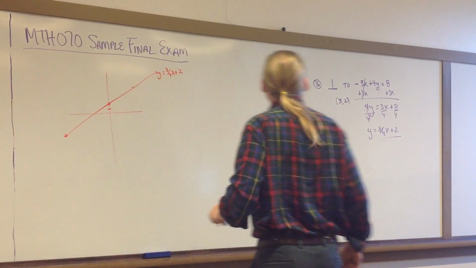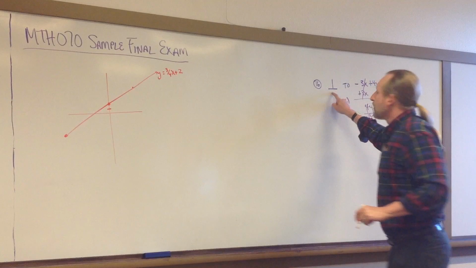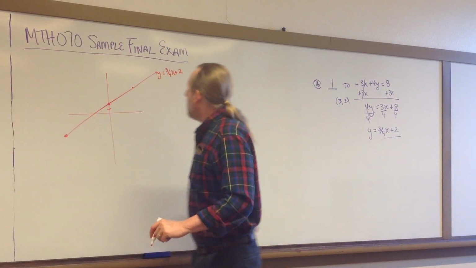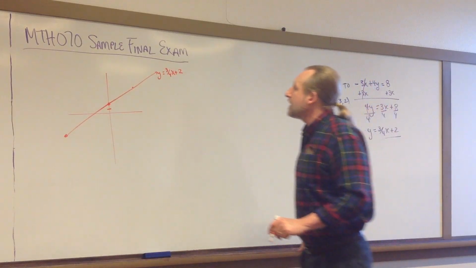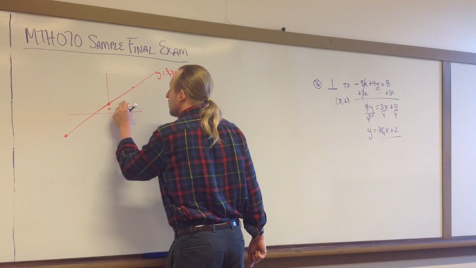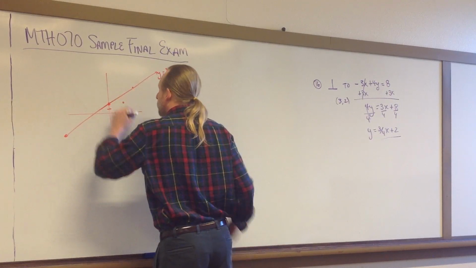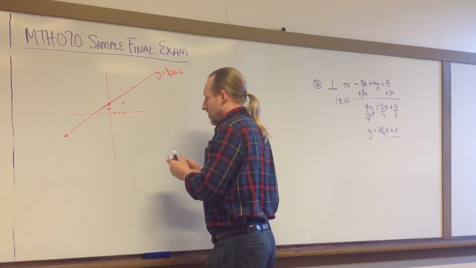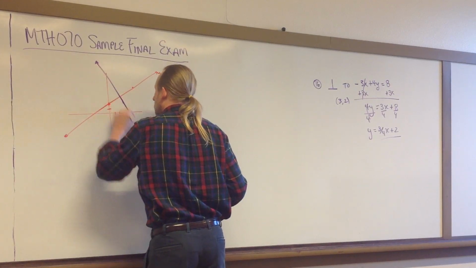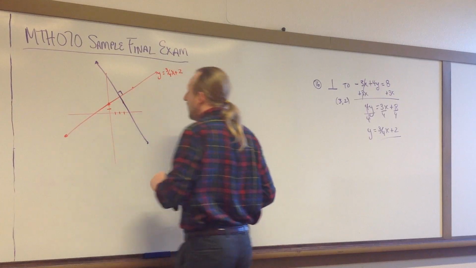Now, we want a line that's going to be perpendicular to that, so it'll look like this, right? And passing through the point 3, 2. So here's 0, 2, and there's 3, 2. So this perpendicular line is going to look like this, with a little right angle there.